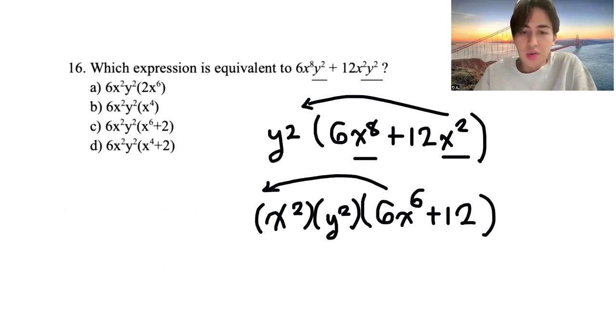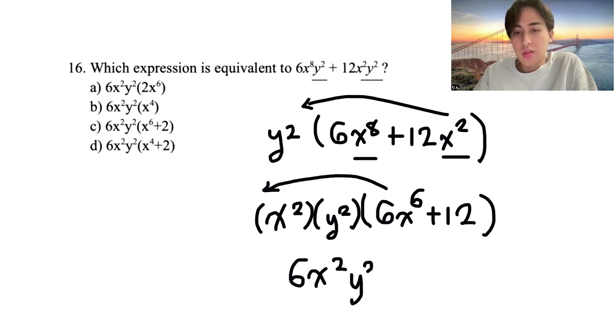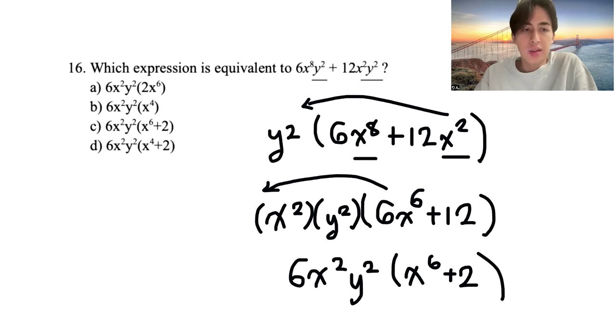So when you take out the 6, you have 6x squared y squared times x to the 6 plus 2. So that means your answer has to be C. 6x squared y squared times x to the 6th power plus 2.